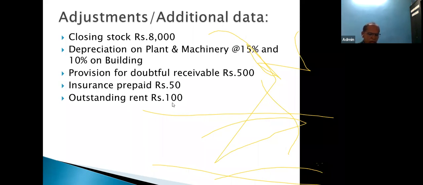Now in a trading account, debit and credit side. So which side is higher? Apparently, the credit side is higher. There are 2 items, 35,000 and 8,000. Am I correct? So the credit side total is 43,000.